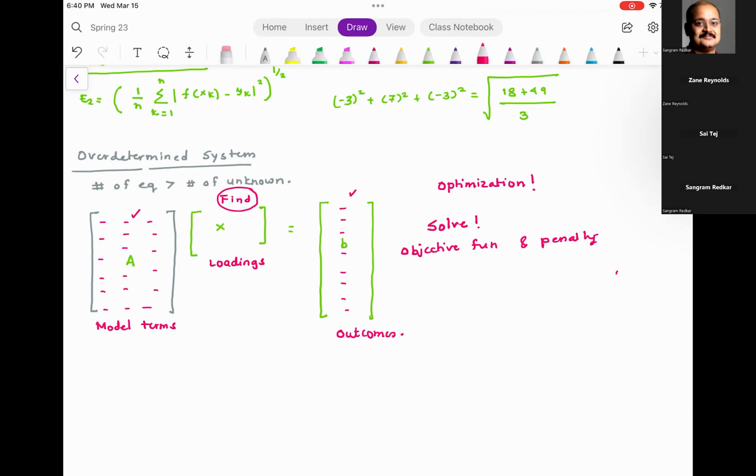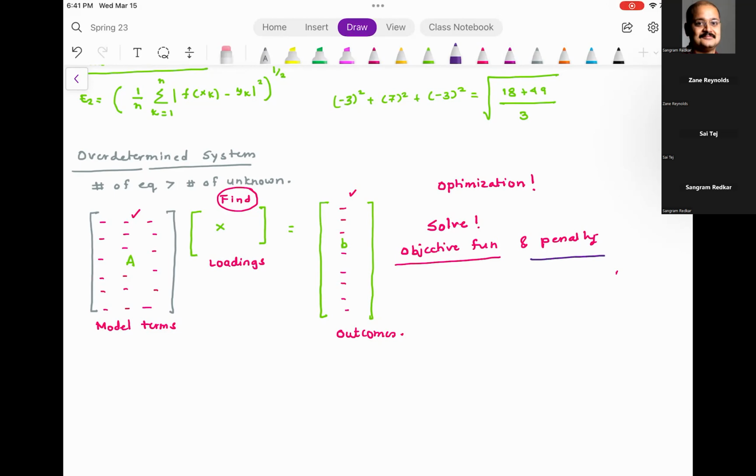And recognize, the objective function is what I really want to achieve. The problem here is this objective function may or may not be achieved. So I'm totally okay with this objective function not being met fully. I'm willing to penalize this objective function, which means I'm going to allow a little bit of error or a little bit of leeway.